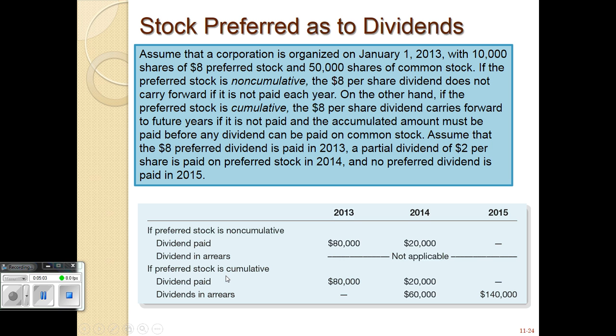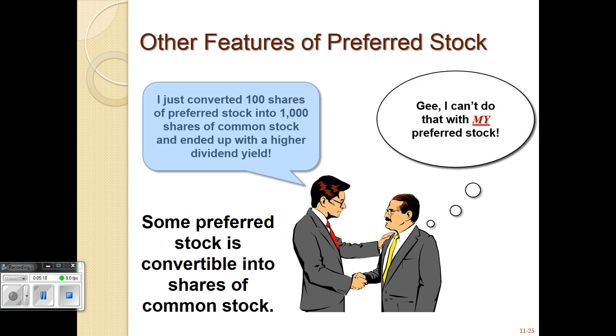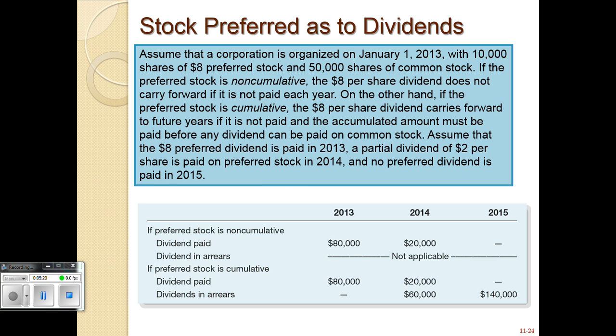If the preferred stock is cumulative, they didn't pay me that in 2013, they paid me no dividends. Okay, in 2014, they paid me 20,000 in dividends, meaning they missed out on 60,000 in dividends. So that 60,000 is what we call in arrears.